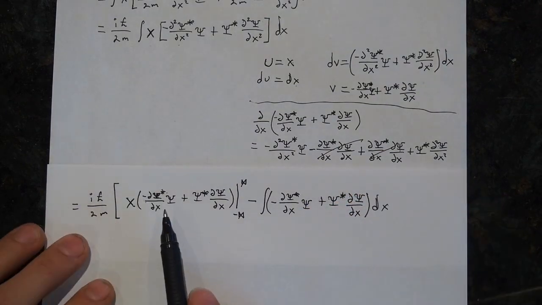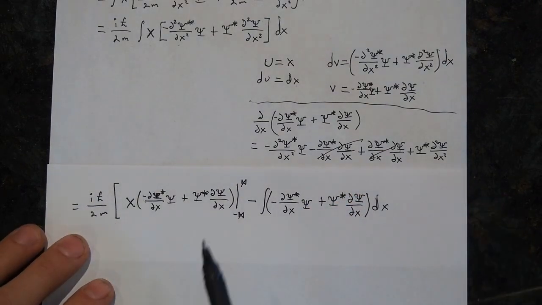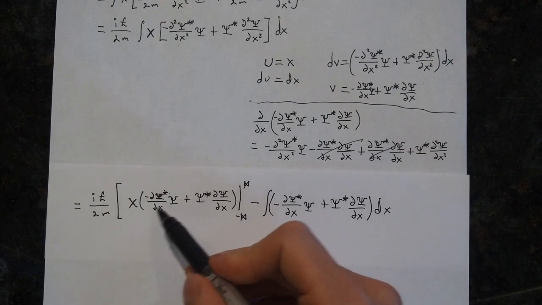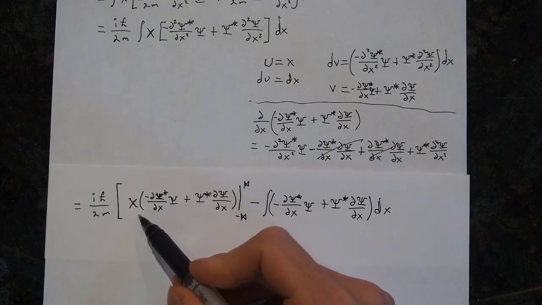Now, we have to use normalization to look at this boundary term. We know that all wave functions must be normalizable, which means that they must go to 0 at infinity. If the wave function exists everywhere and it doesn't go to 0 at infinity, it will be impossible to normalize it. Now, I'm going to do a bit of a hand-wavy argument, but if we think about how fast it goes to 0, it must go to 0 faster than a polynomial does.